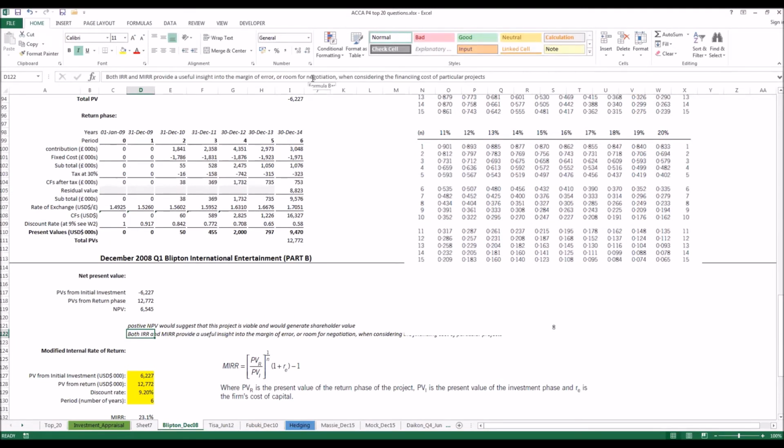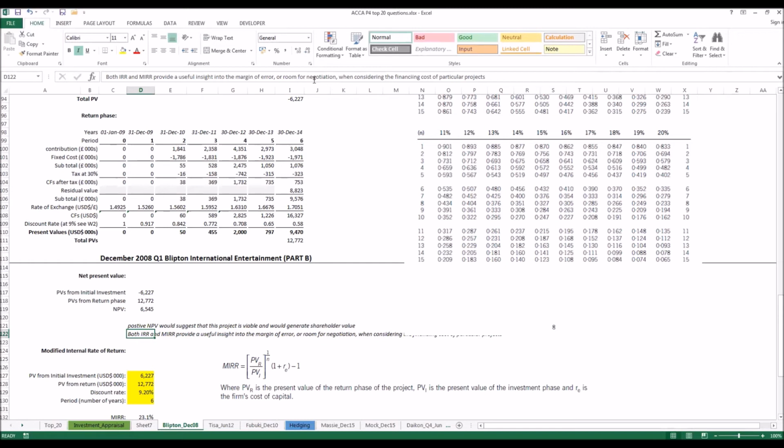But more specifically, an internal rate of return is the extent to which the cost of capital can rise before the NPV becomes zero. So effectively, it is a margin of error, or the room that you have for negotiation when it comes to securing your cost of capital.